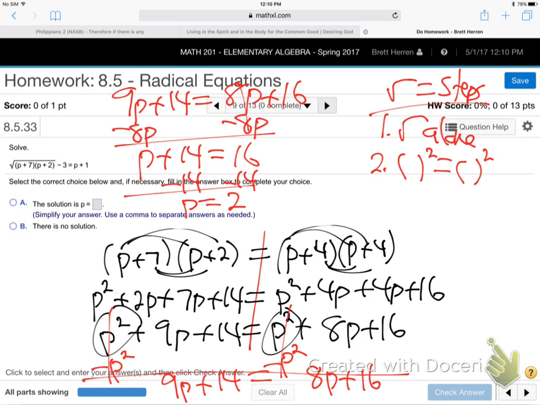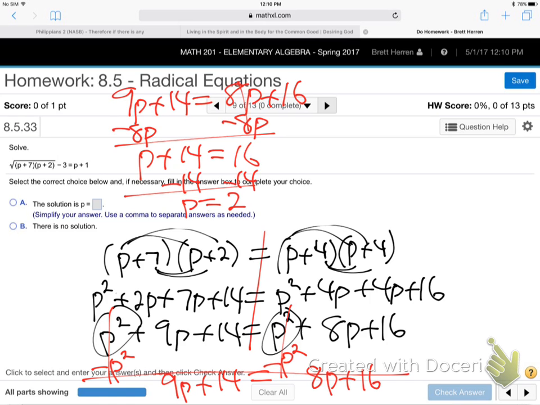So plug in that 2 and see if it comes out equal on both sides or not. Maybe I'll come over here and do the check. I don't know if there's room though. It's long.